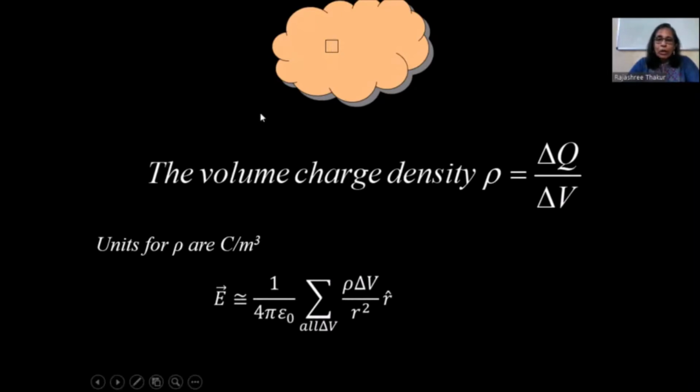Electric field will be almost equal to 1 upon 4 pi epsilon 0 summation of rho into delta V, this is the charge on that small volume element, divided by r square into unit vector r, over all this delta V. So, we are summing up over all such volume elements. As delta V tends to 0, this summation sign will change to integral sign.